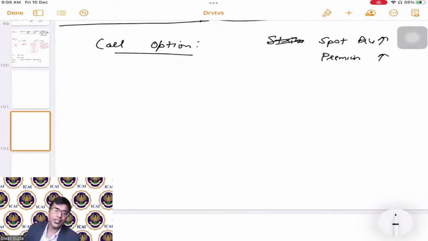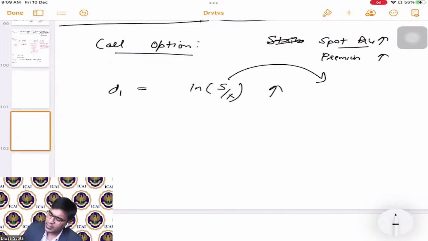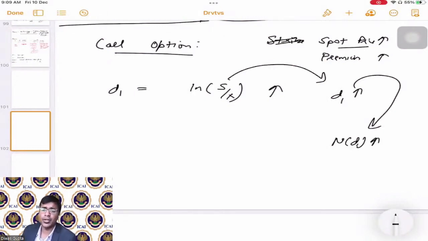Now, can we prove this using the formula that we have just put? If the spot price increases, that means D1, which has log S by X as one of its parts, will also increase. As a result, ND1, the normal distribution value of D1, will also increase.